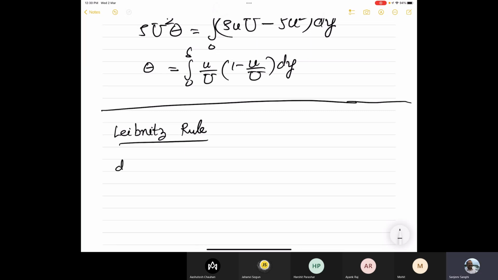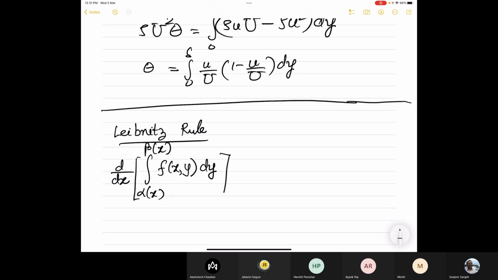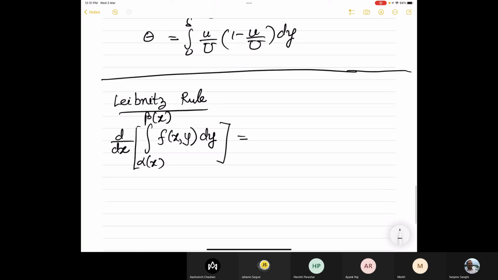Now, this rule is if you have d by dx of integral of a function which is a function of x and y, and the limits on this are alpha of x and beta of x, what would you expect this to be if I want to take the d by dx inside the integral?